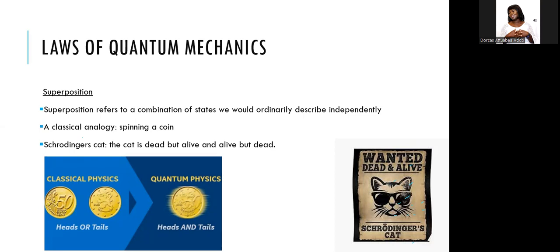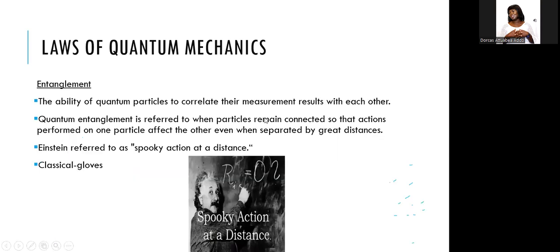The cat is dead but alive and alive but dead because we don't know. That's why I put this meme on the bottom right corner, which says, Schrodinger's cat wanted dead and alive, because it's in a superposition of being both dead and alive. That's why it's written like that on the flyer where it's wanted.